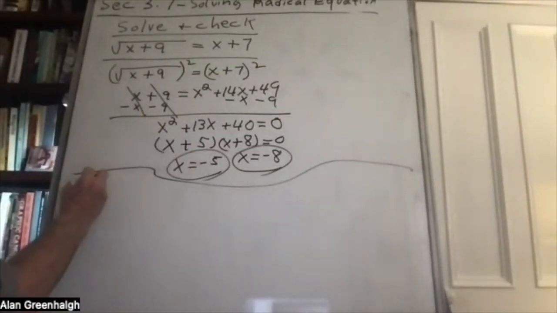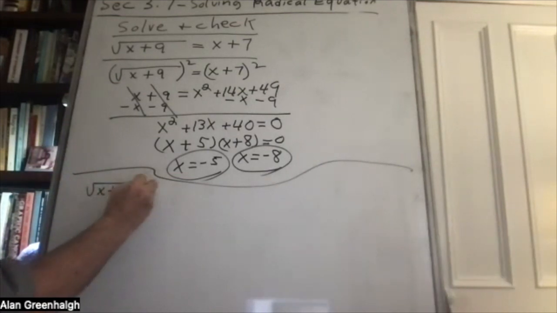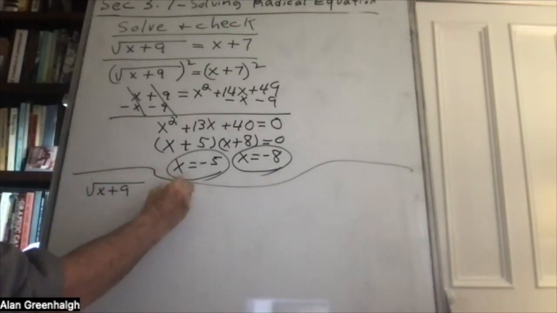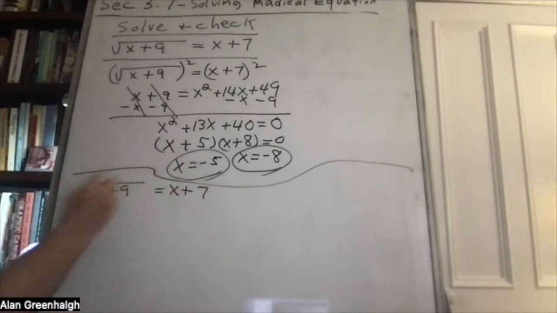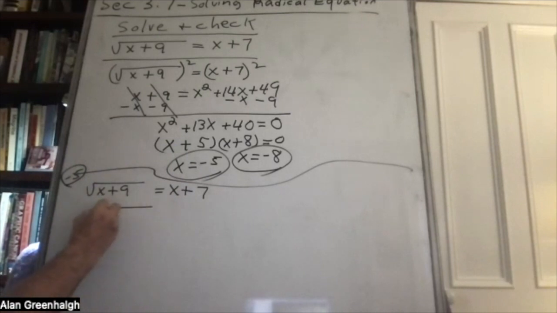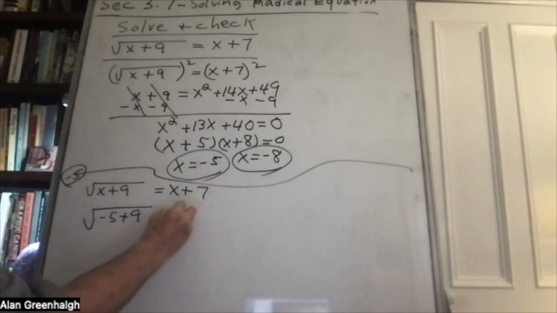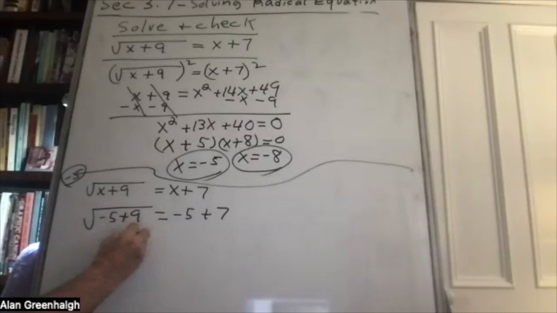So let's write the original equation, the square root of x plus 9 equals x plus 7, and let's try the -5. We get the square root of -5 plus 9 is equal to -5 plus 7. The square root of 4 is equal to 2. 2 equals 2.